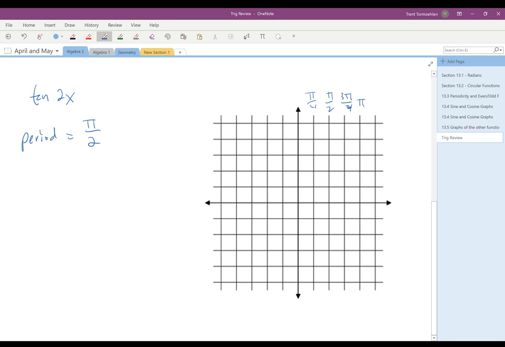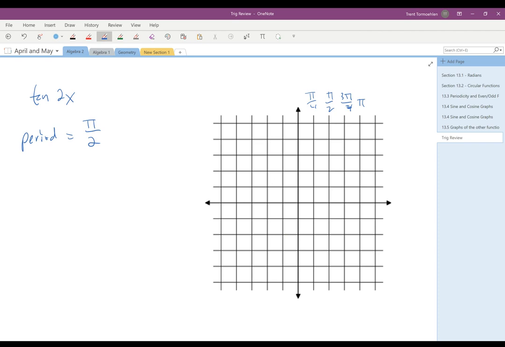And then what happens with the tangent graph is there are some significant points. When is tangent 0? When is tangent undefined? And then when is tangent going to equal 1? And we'll get to that in a second. So for this problem, tangent is 0 when the x value is 0.